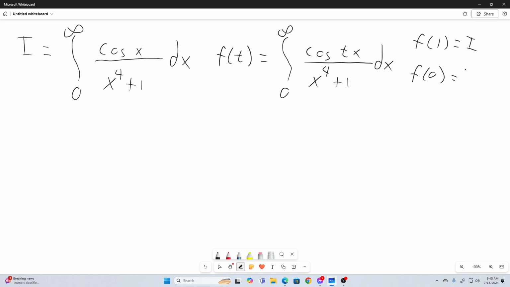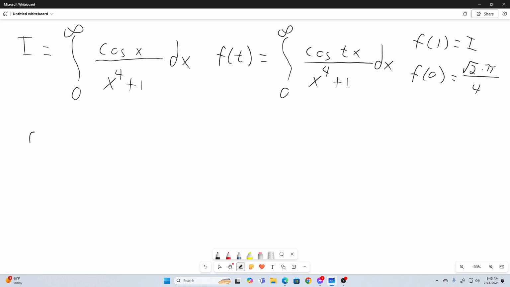There's plenty of videos on the internet on how to solve the integral from 0 to infinity of 1 over x to the fourth plus 1. It evaluates to square root of 2 times pi over 4. So our f evaluated at 0 is square root of 2 pi over 4.